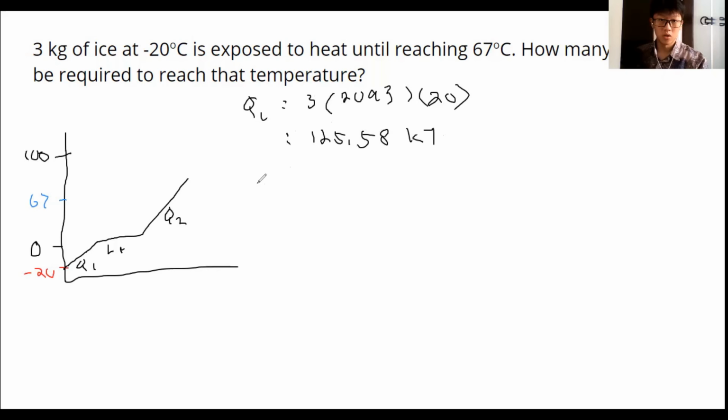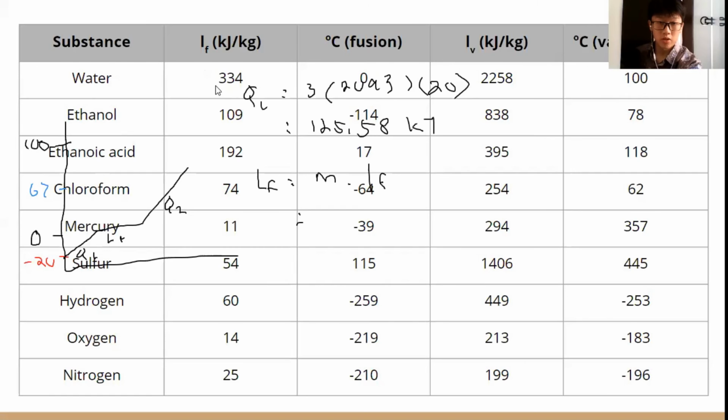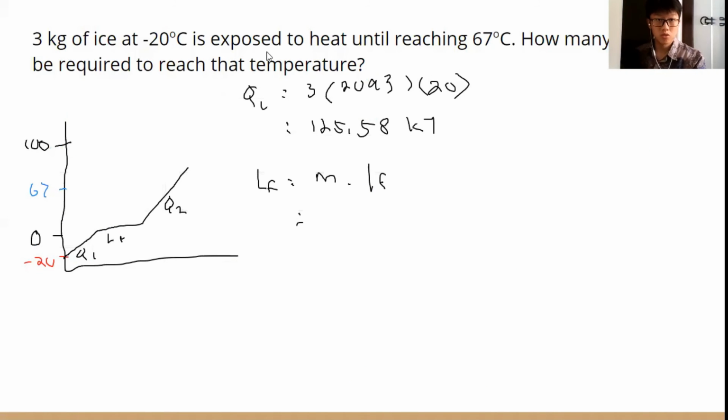For the latent heat of fusion, we use the formula mass times LF. So the LF of water, as you can see earlier, let's check. So it will be 354.